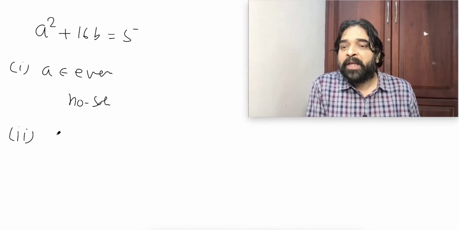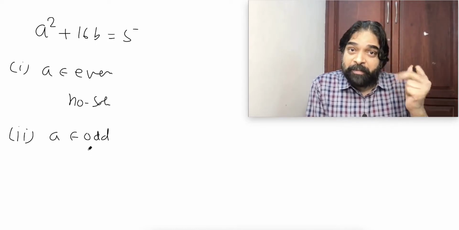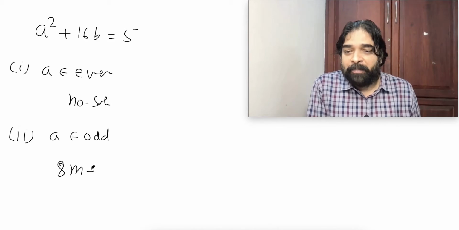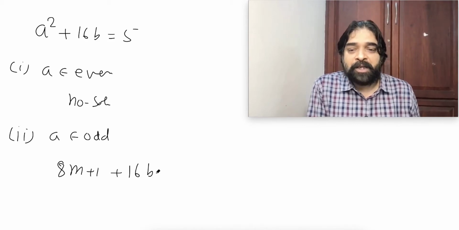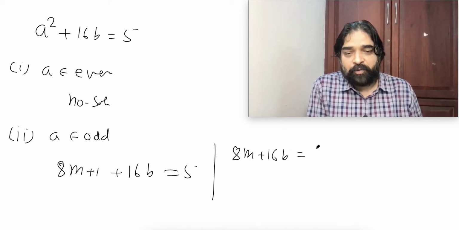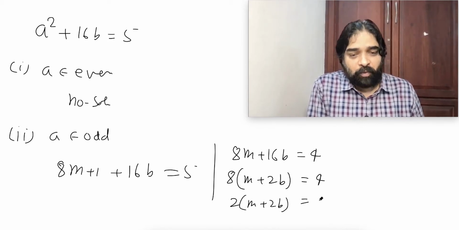Second possibility, A is odd. If A is odd, immediately your idea should come. A square I can write as 8m plus 1, plus 16b is equal to 5. Or you can say 8m plus 16b is equal to 4. Or you can say 8 common here, m plus 2b is equal to 4. 4 bye bye. 2 into m plus 2b is equal to 1.